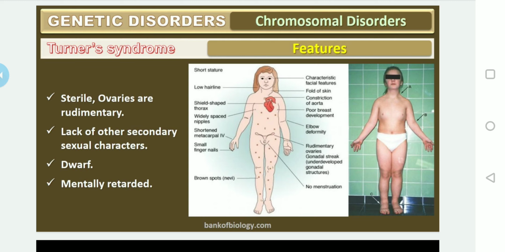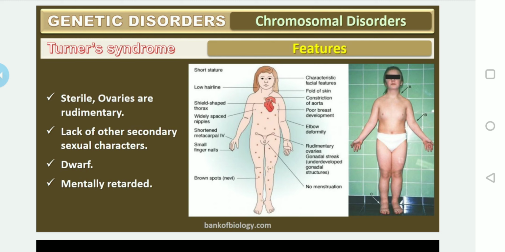Are you writing? Ovaries are rudimentary, underdeveloped, and they do not produce ovum. Hence they are sterile females. So these are the characters or symptoms of Turner syndrome.